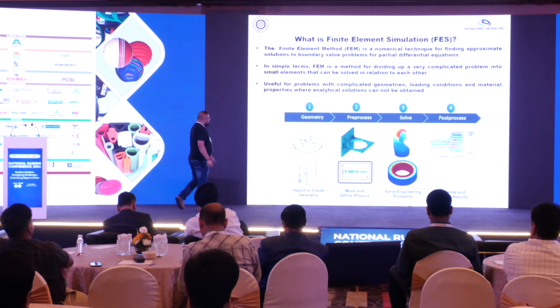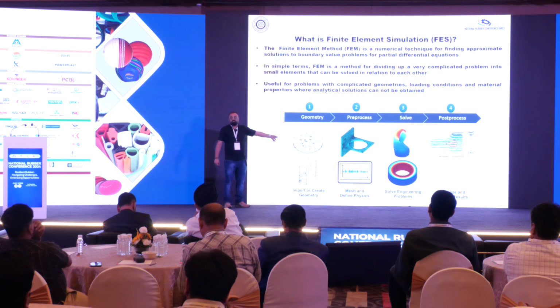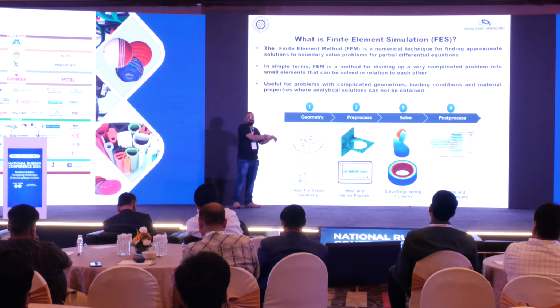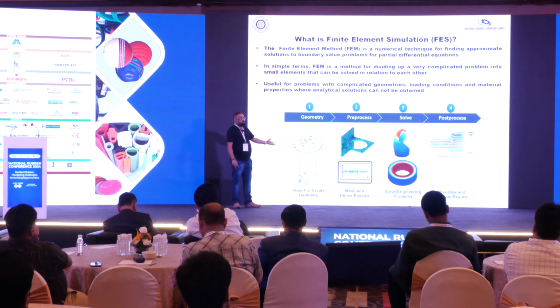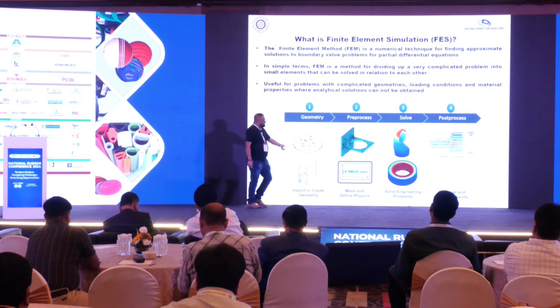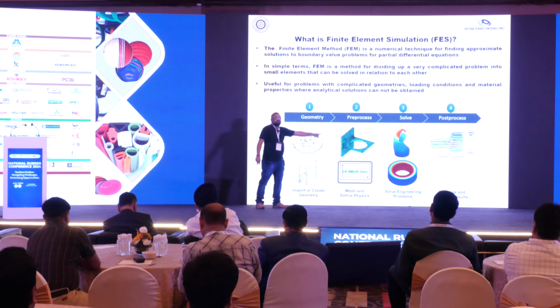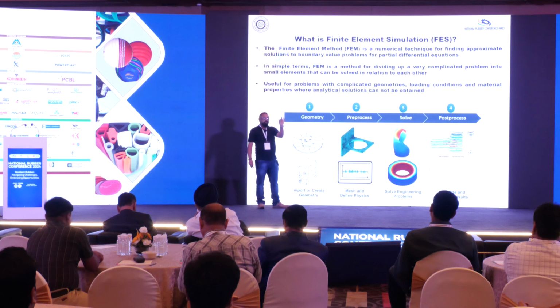So here you see, first you need to have a geometry, right? Means the product that you want to develop. That product, or the geometry, is developed through CAD. It's a very common thing now. With the help of CAD, you can have the design of the product. Then you go for hypermeshing, and this is the heart of the process, that you divide that product into very small parts.